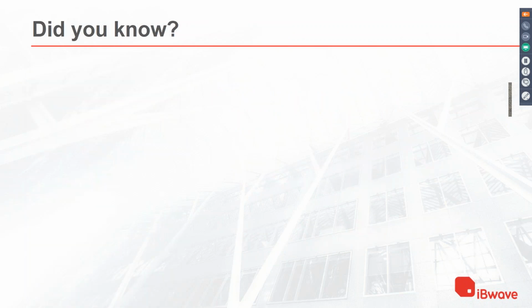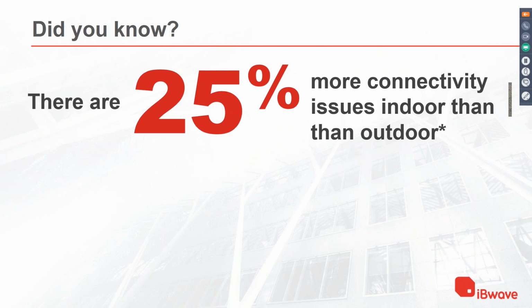So moving right along, I think we all know that most mobile data traffic originates indoors. We've been hearing about this for a very long time, and we've certainly witnessed this, and we all know it. But there are a couple of additional data points that I think are worth highlighting. The first one is that there are 25% more connectivity issues that occur indoors than outdoors.